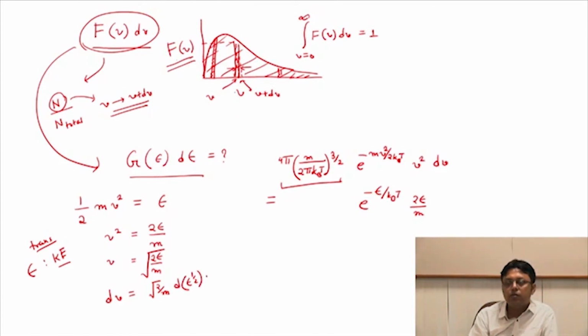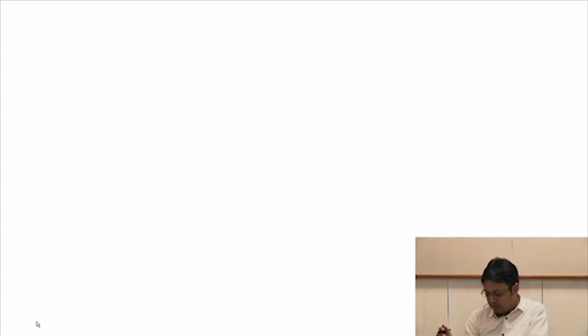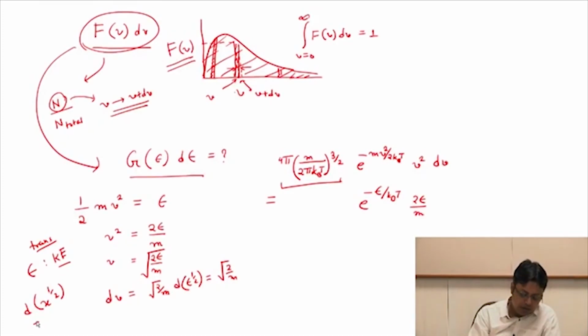So d of epsilon to the power half, if I take the differential, epsilon to the power half will be square root of 2m. So it is nothing but the derivative, or differential, of this. That is nothing but half x to the power half minus 1 into dx.